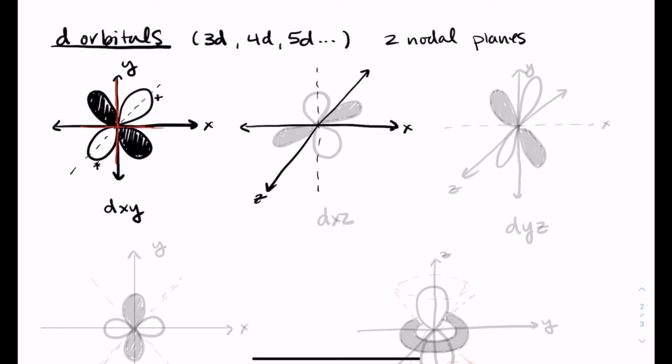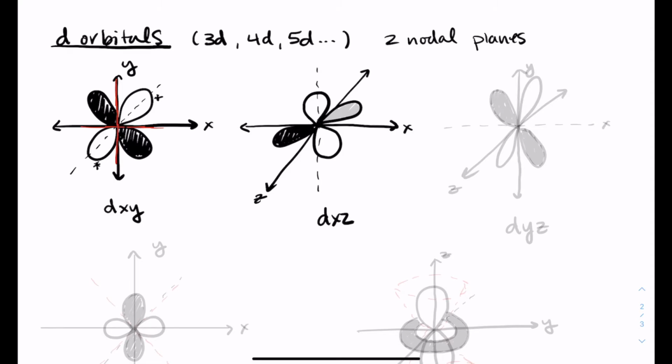When you go from one lobe to the one that is perfectly opposite, you pass through two nodes. So it's like hitting a double negative. You pass a node, so you change the shading, and then you pass another node, so you change the shading back, and that's why they end up the same. So that's dxy, between the axes in the plane of xy.